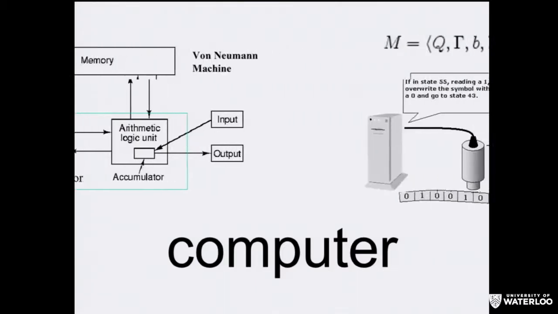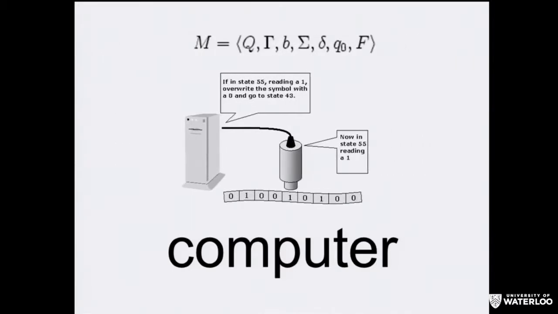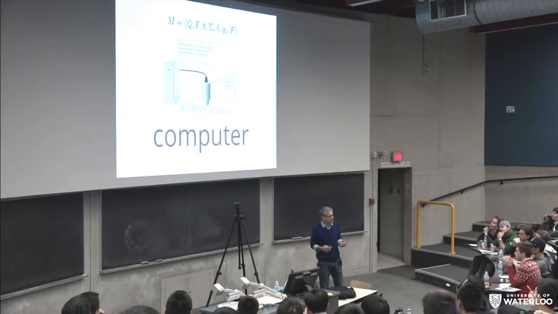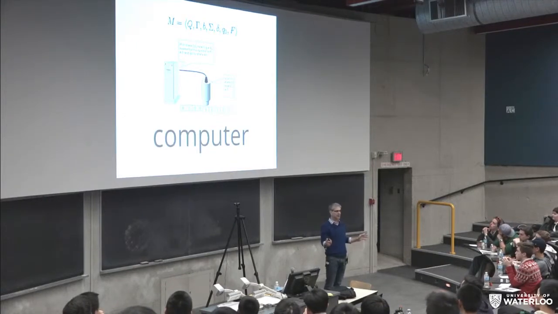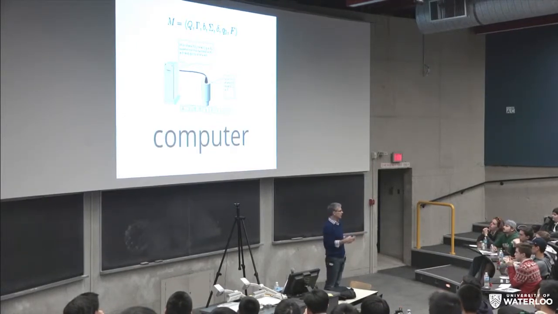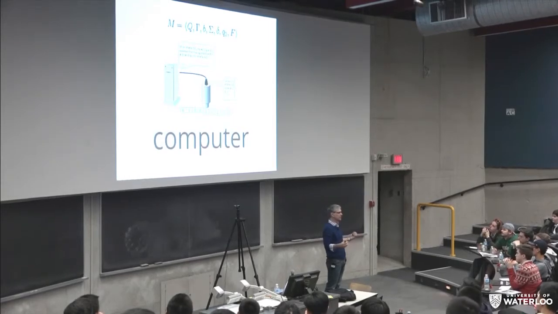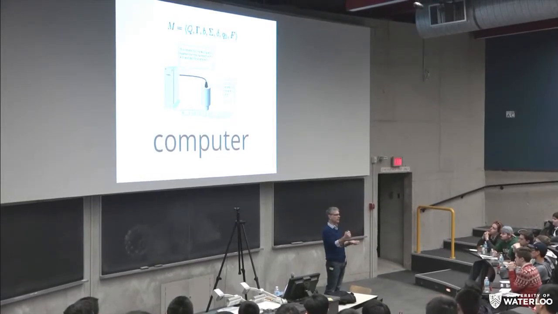What about this? I don't know if you've seen this yet. Can anyone take a guess? A Turing machine. Whoa, yeah, okay. Anyone heard of Alan Turing? There's a movie. So a Turing machine is this amazing mathematical model of what a computer is. Believe it or not, inside every one of your iPhones is a long tape with a bunch of ones and zeros and a head that moves, no, not quite.